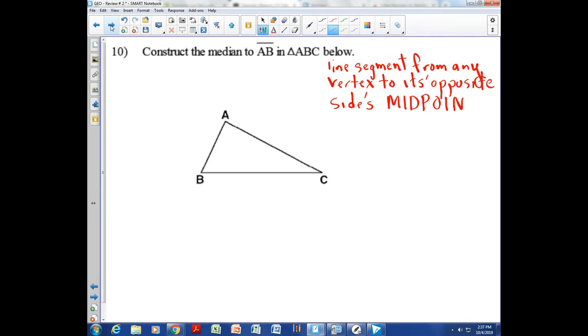That's the key. So we really need to just find the midpoint of AB, and then the rest of it is pretty simple.